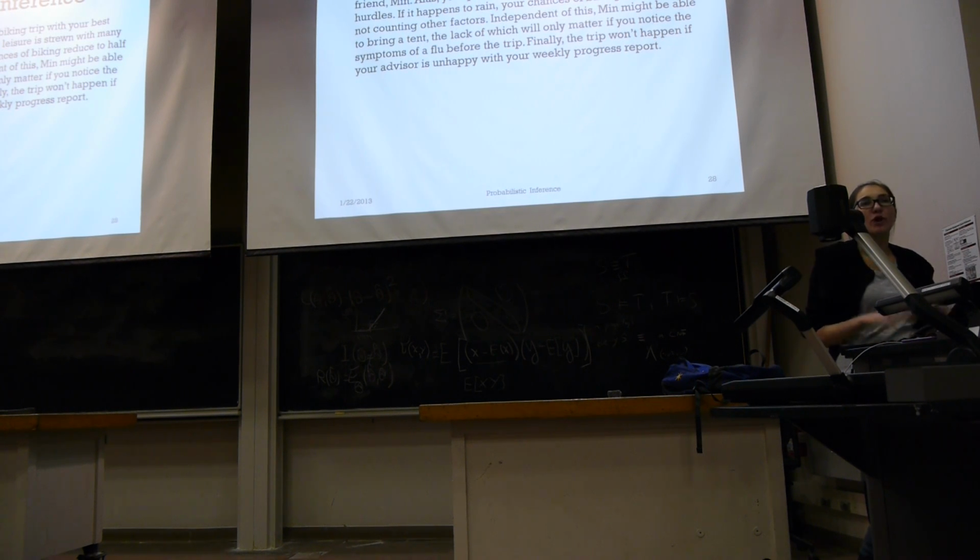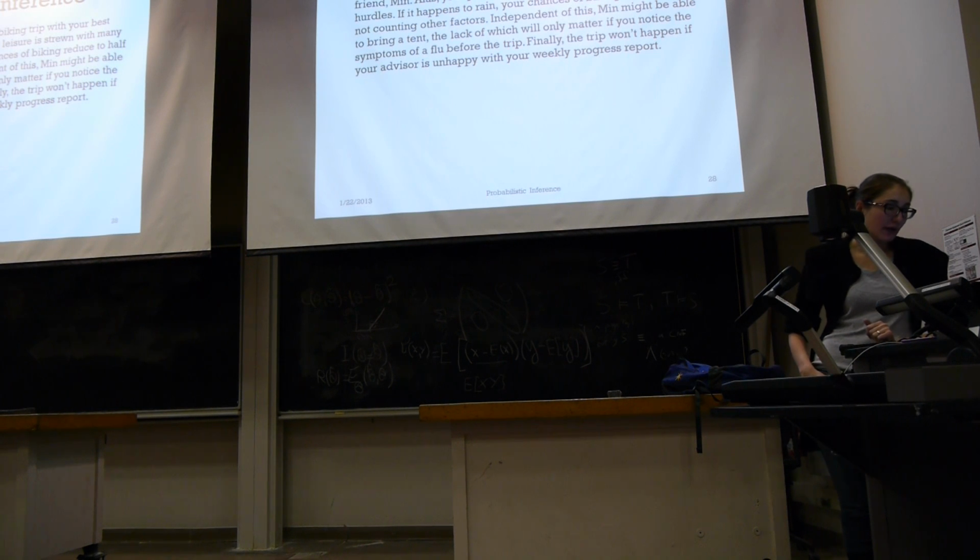All right, so I'm going to give you a probabilistic inference problem. This is kind of a preview of what will happen later in the semester when you learn about Bayesian networks. So let's read the problem. We're planning a weekend biking trip with your best friend Min. Your path to outdoor leisure is strewn with many hurdles.